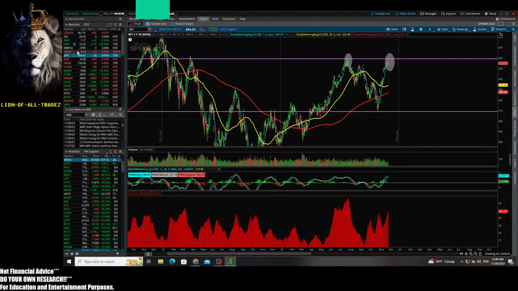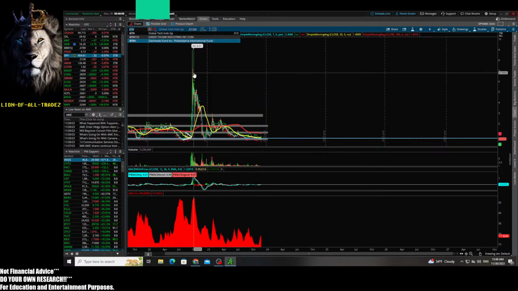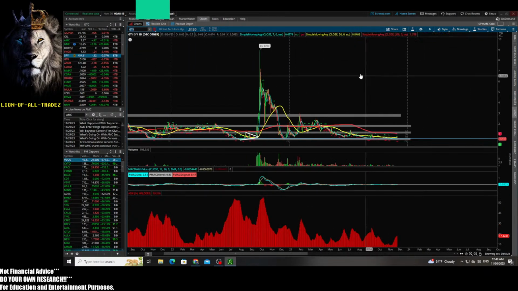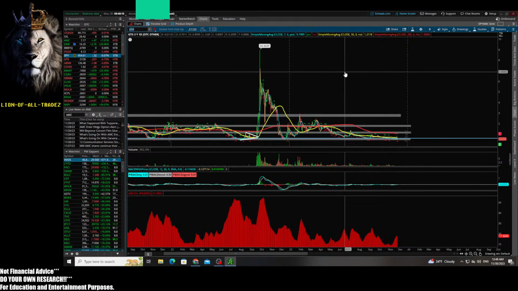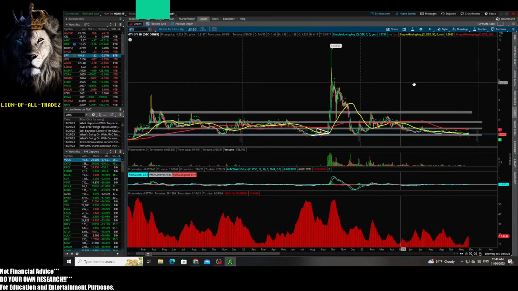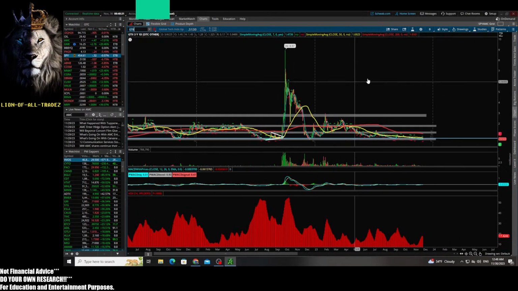There's one stock that I haven't seen for a while. And that's GTII. What is that doing? Wow. This daily chart is crazy.